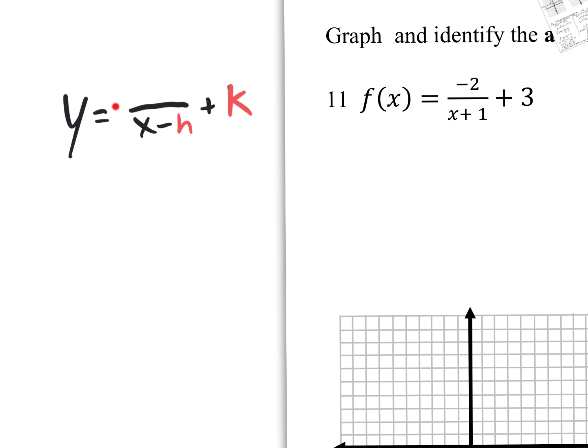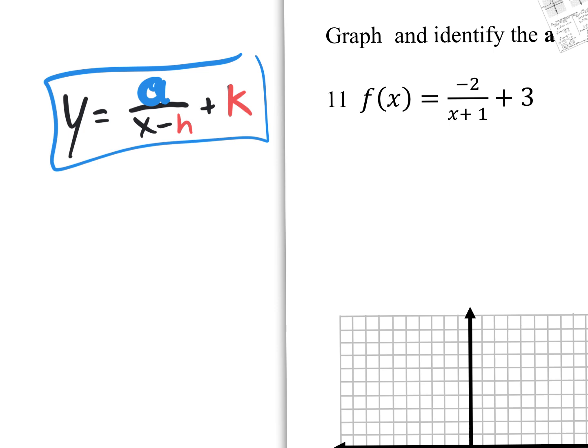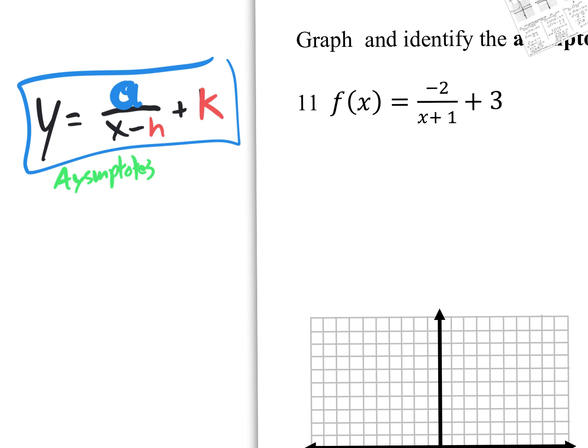And normally a is out in the front, but when you multiply anything times a fraction, if there's a 1 up here, then you just multiply that a times 1 and you'd end up with your a up on top. It looks like a 9, but there it is, a up on top. So this is the form that we are supposed to memorize. And we should all know that the asymptote, or better said, asymptotes come from the h and k. So the horizontal asymptote will be y equals k.